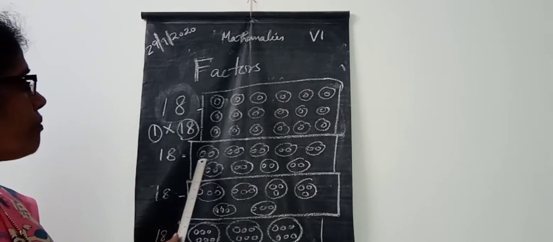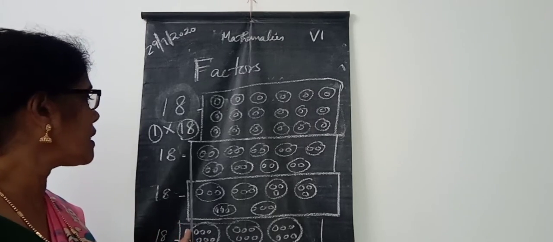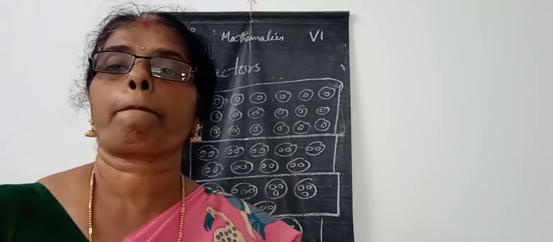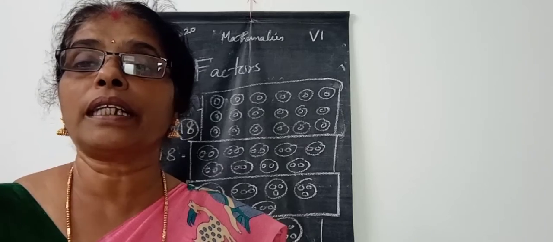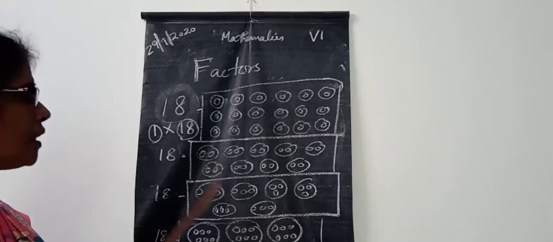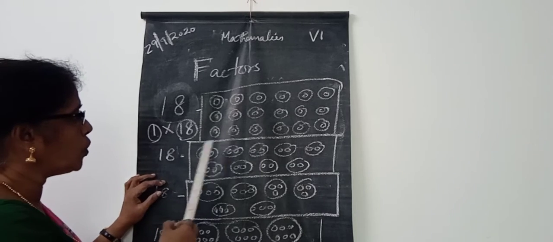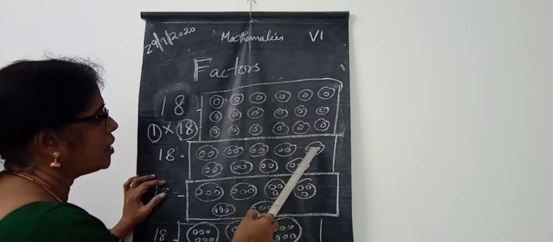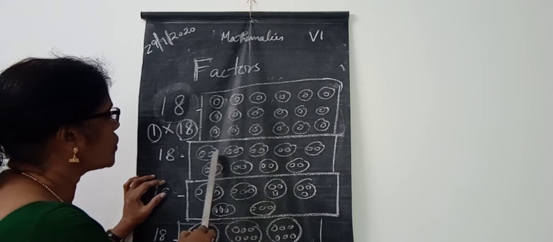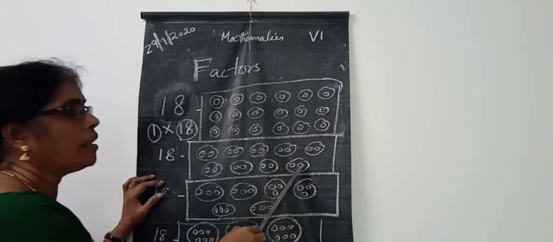And next I thought again, yes, these 18 sweets I can give 2 sweets to each child, not 1 sweet. If I give 2 sweets to each child, here 2, 4, 6, 8, 10, 12, 14, 16, 18 sweets.